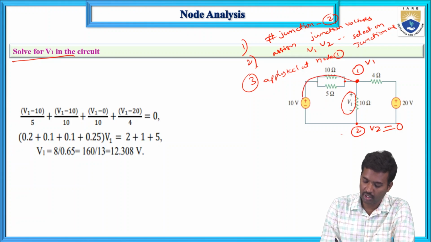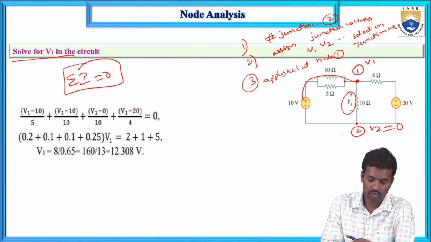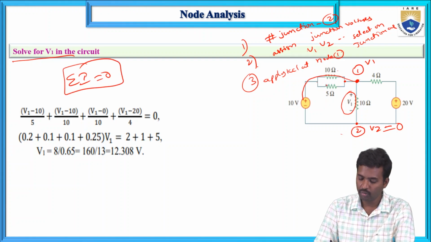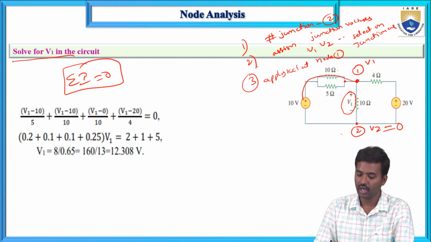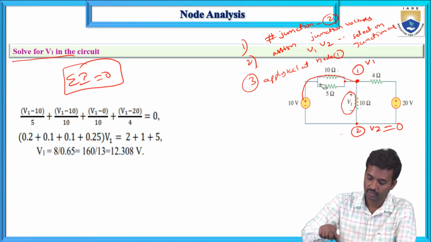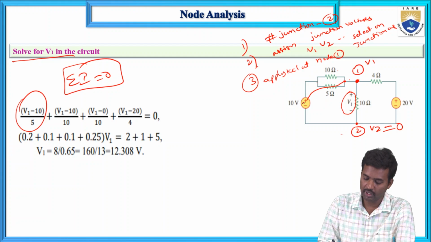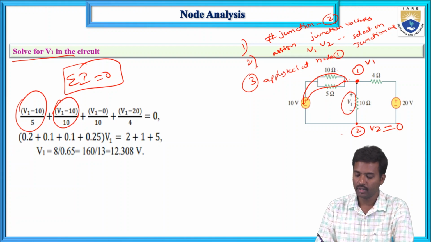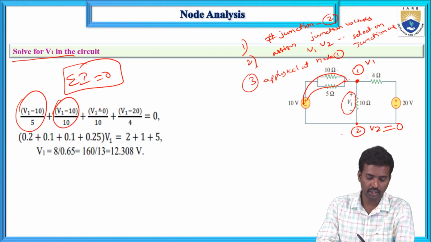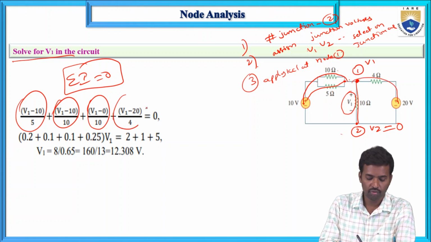The algebraic sum of currents at a node equals 0. So this current equals (V1 minus 10) by 5, and (V1 minus 10) by 10, this one, and (V1 minus 0) by 10, this one, and next (V1 minus 20) by 4.